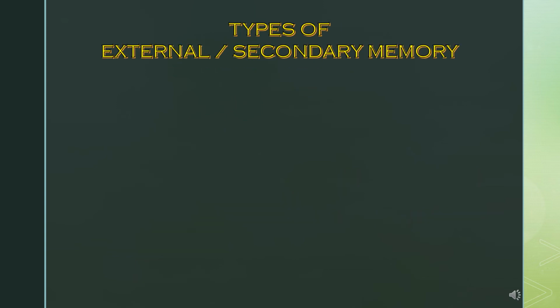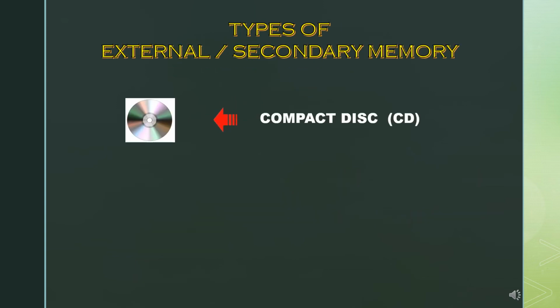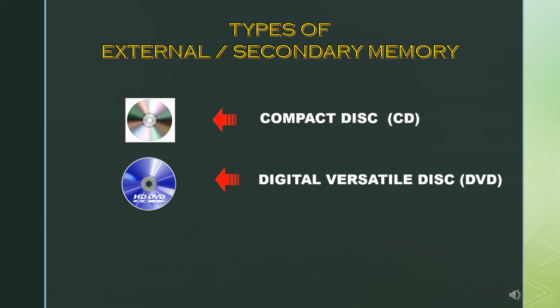The next example is the compact disc, also called CD. It is thin and shiny and can store data up to 700 MB and measures 4.7 inches in diameter. The next is digital versatile disc, commonly called DVD. It is used for data storage and for recording movies with high video and sound quality.